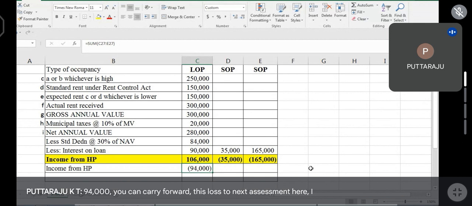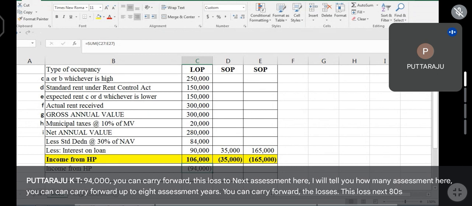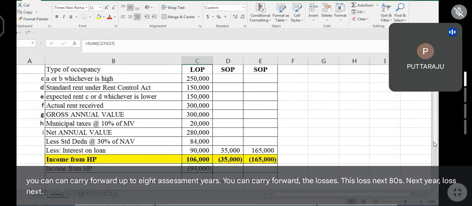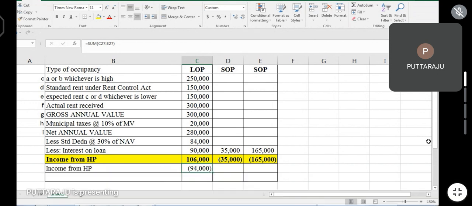I will tell you how many assessment years you can carry forward. Up to 8 assessment years you can carry forward the losses. This loss, next 8 years. Next year's loss, next 8 years. Like that. Understood? Yes, sir.